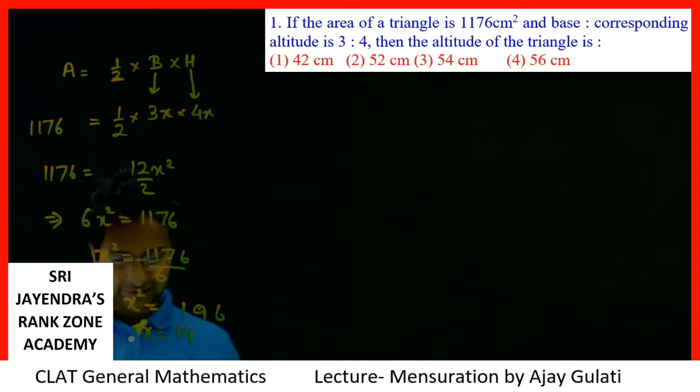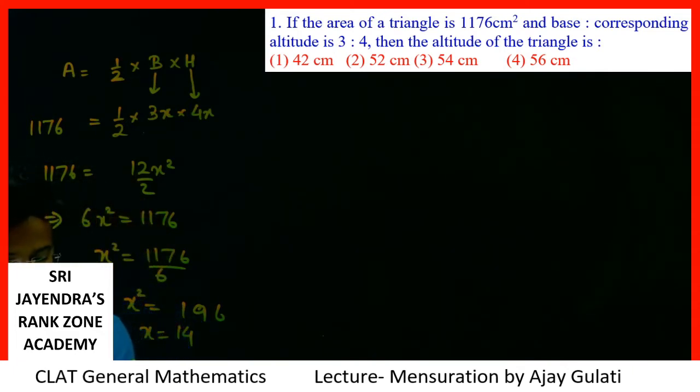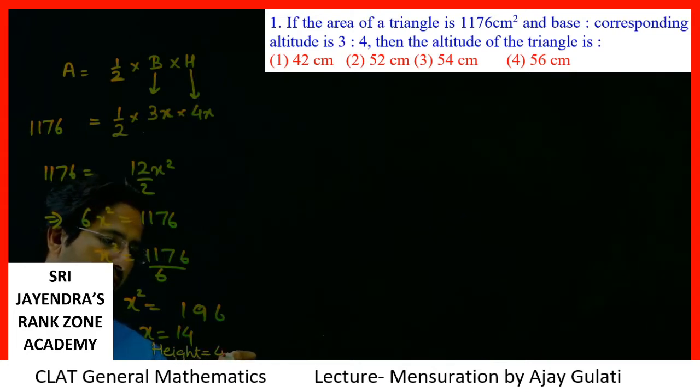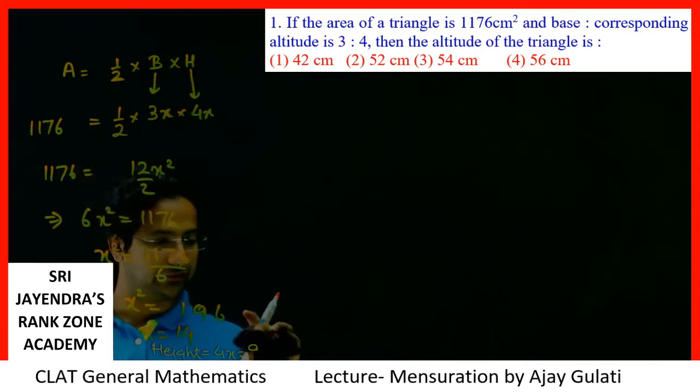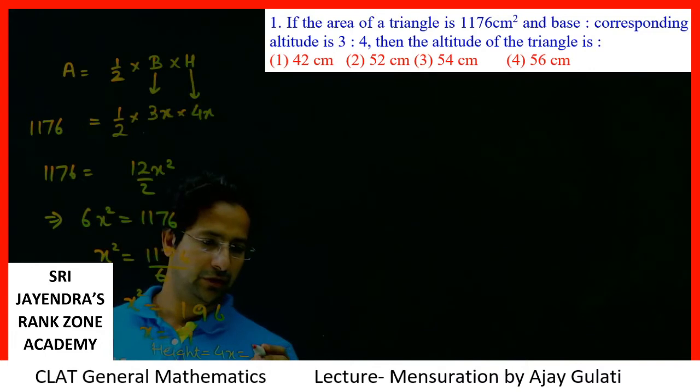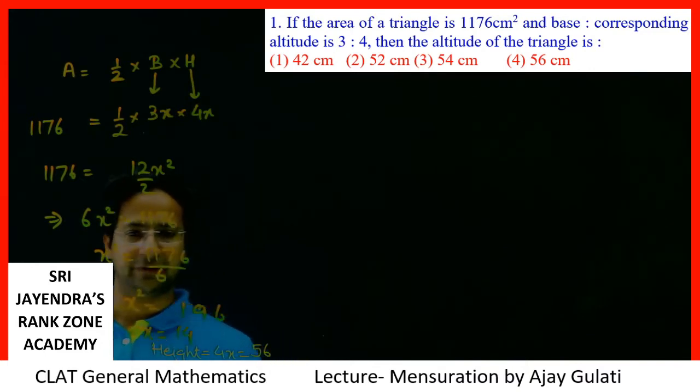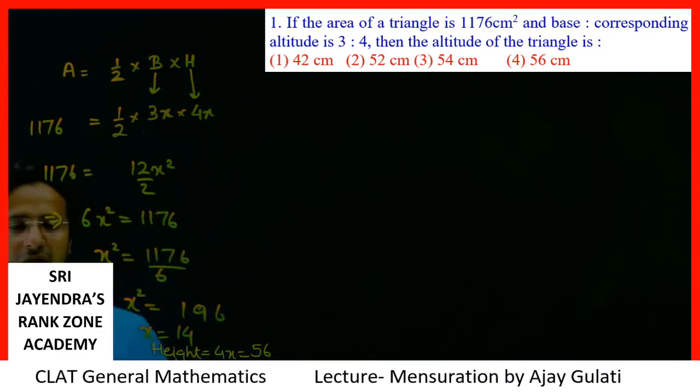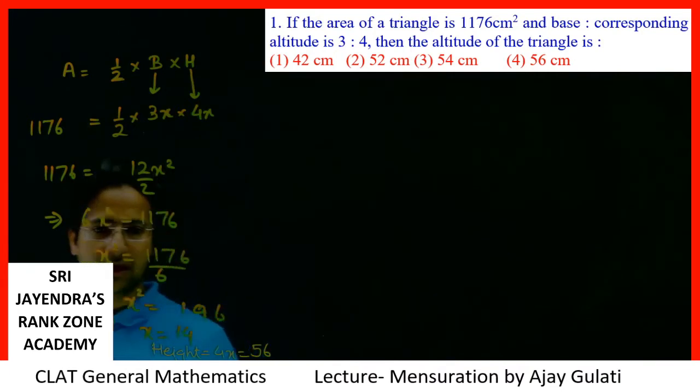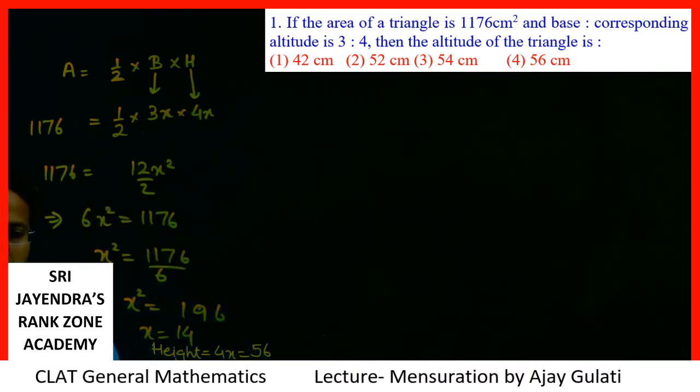Got it, dear students? X comes out to be 14. We need the altitude. What is the height, altitude? 4 into 4x, that comes out to be 56. Clear to all my dear students? Okay, so the height is 56. Let's move to the next question.